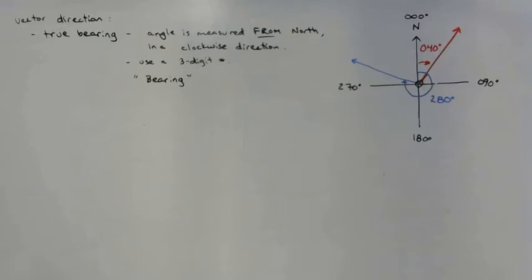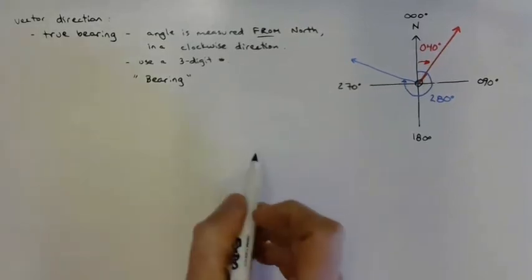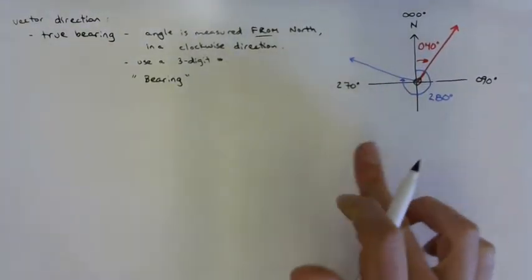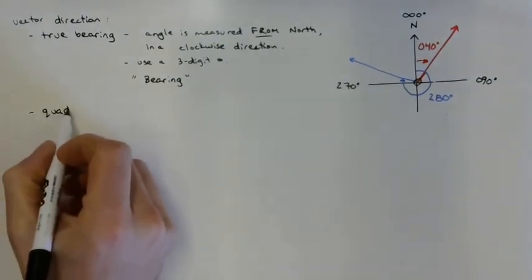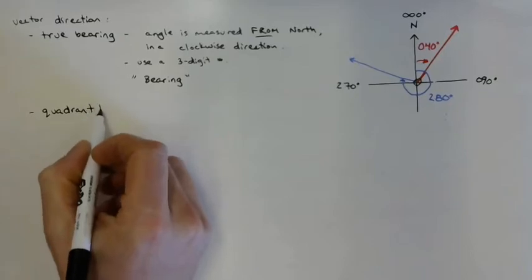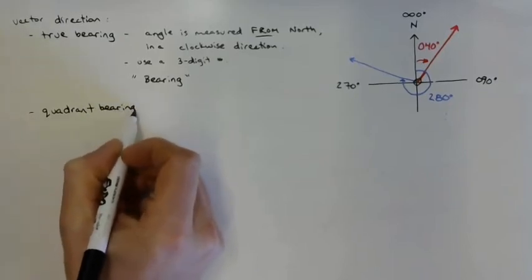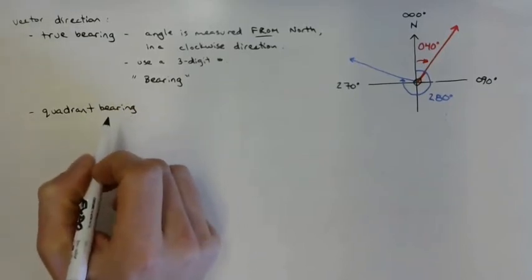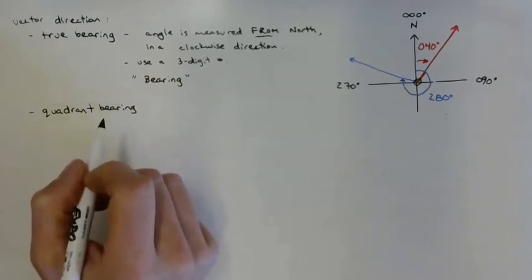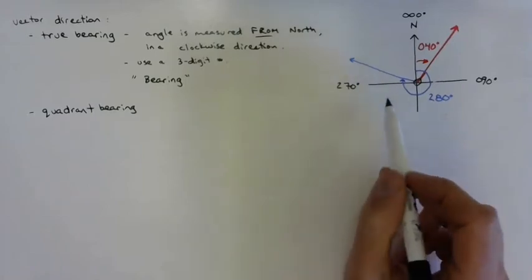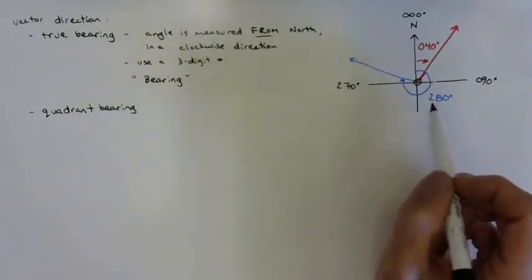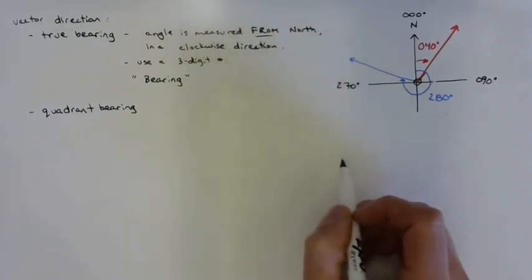Okay, the other one is a quadrant bearing. So this is true bearing. And now we have quadrant bearing. So again, similar, but this time you can refer to any of the directions on the compass. You can refer to north, east, south, or west.